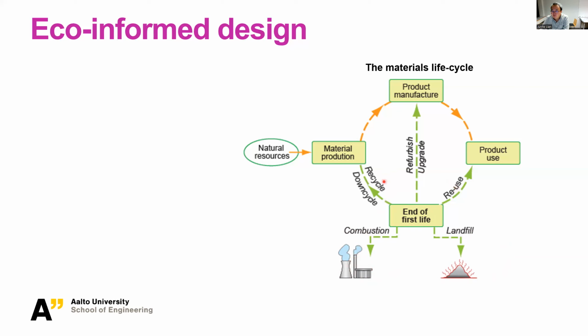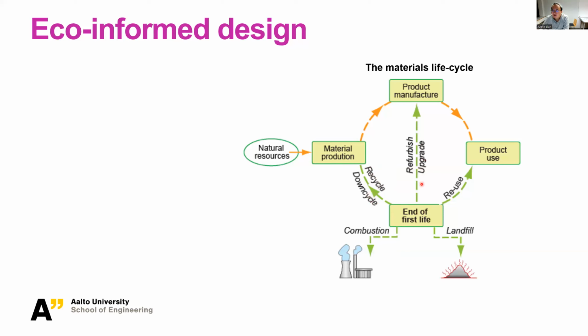But for others, and we would like to promote most of the others, go in these three directions. After the end of the first life, we want to give them a second life, basically. So they can be recycled or downcycled, unless you deal with lots of, let's say, cans of Coca-Cola and all the others. So they will be recycled, basically, to the material production again. So you will use them to reproduce some steel, aluminum alloys, things like this.